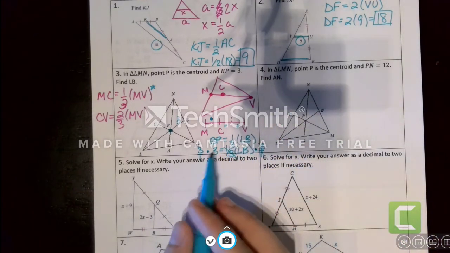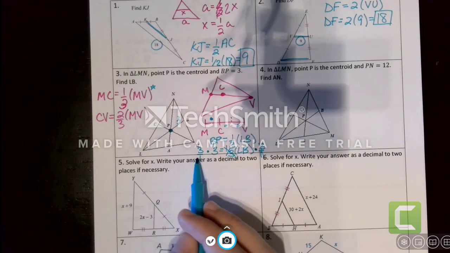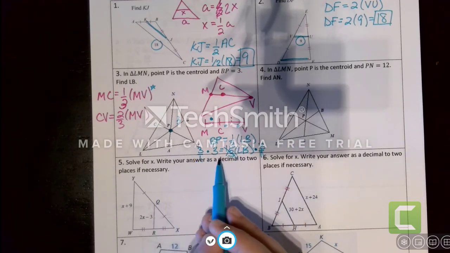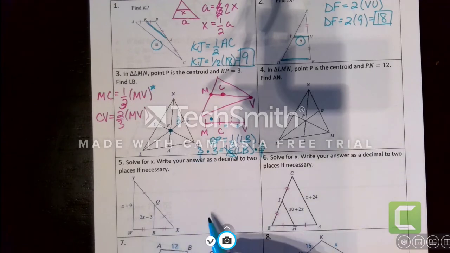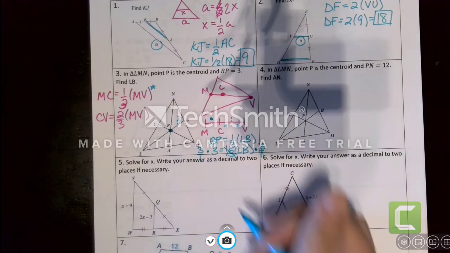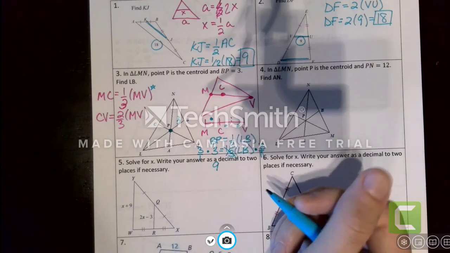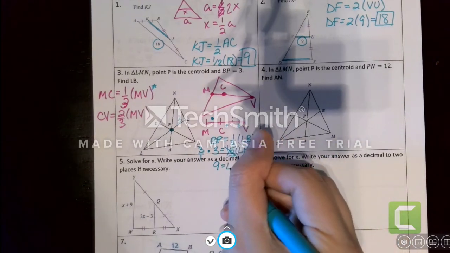But on the left side, even though this is 3/1, we're going to multiply straight across as if we're multiplying 3 times 3, which gets us 9. And 9 is equal to the full length of LB.